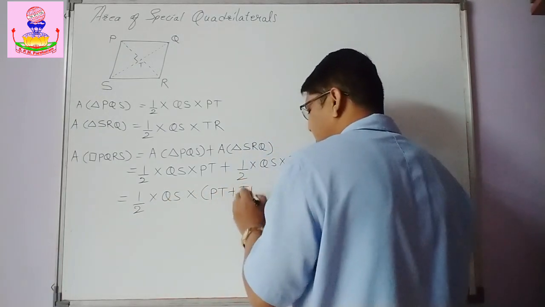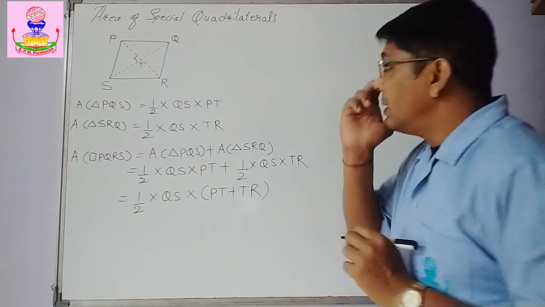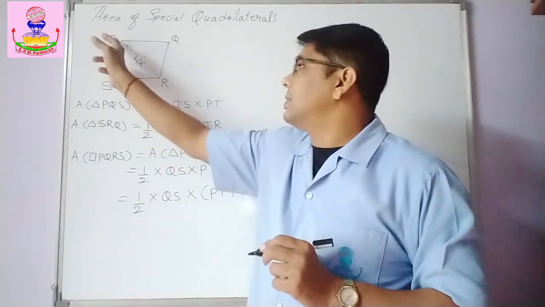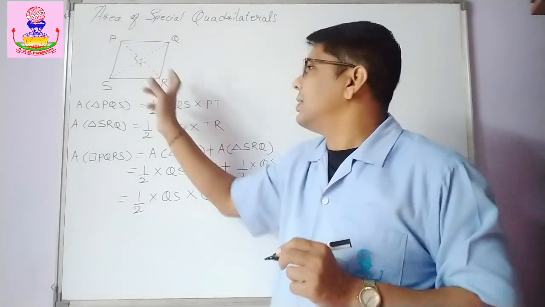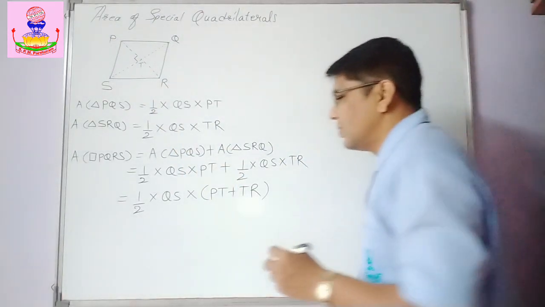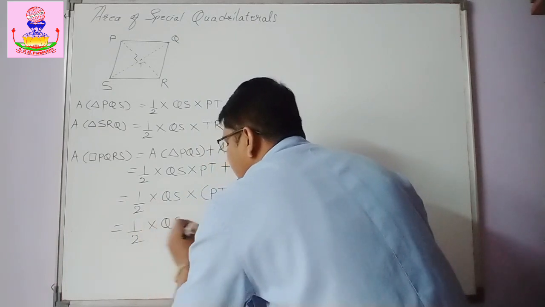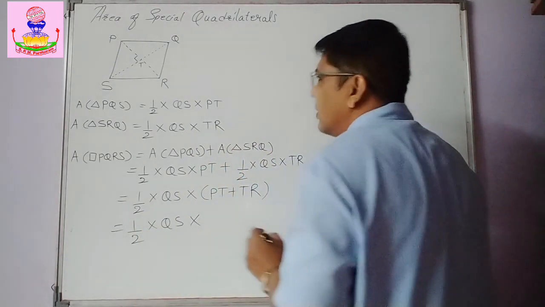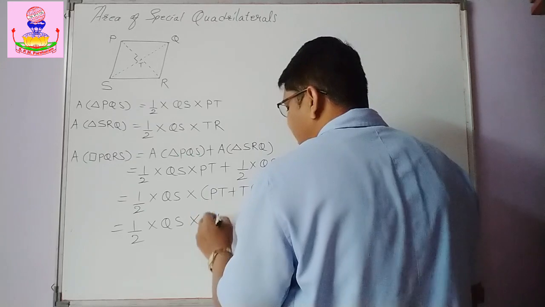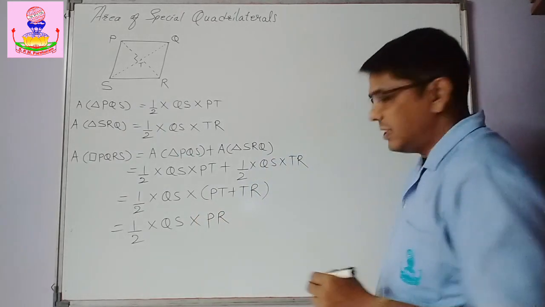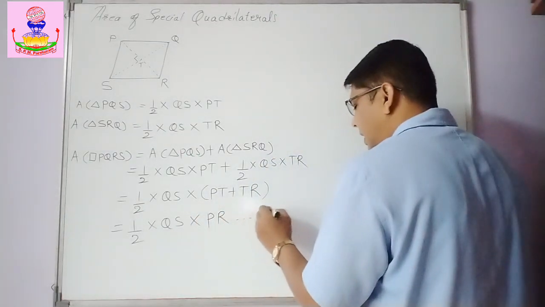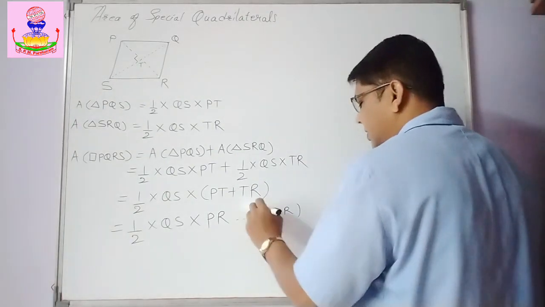PT plus TR. Now PT plus TR is what? Diagonal PR. So I can have half into QS into PR. Reason? P-T-R is a straight line.